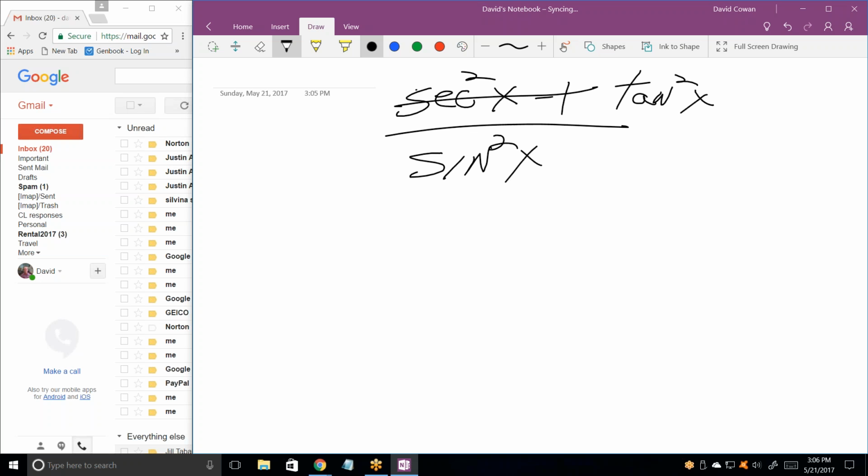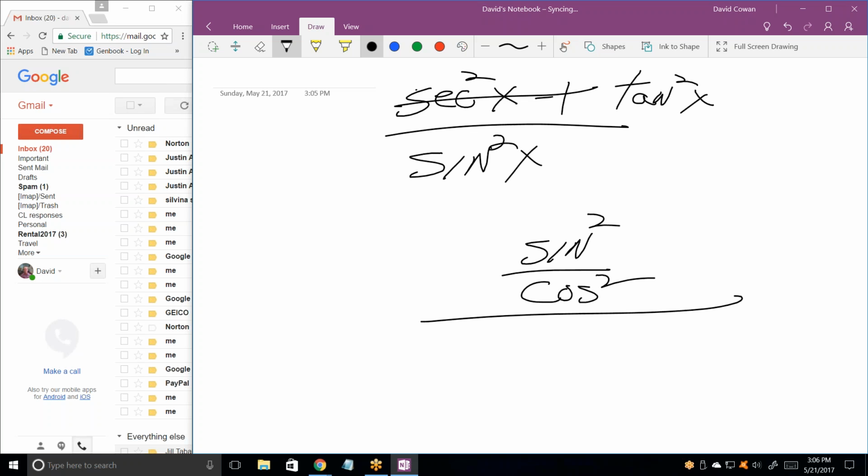Exactly. Okay. Tan squared of x is sine squared over cosine squared all over sine squared. What's that become? That becomes cosine squared. Or 1 over cosine squared, so secant squared of x. Right. Okay. Which is kind of amazing.